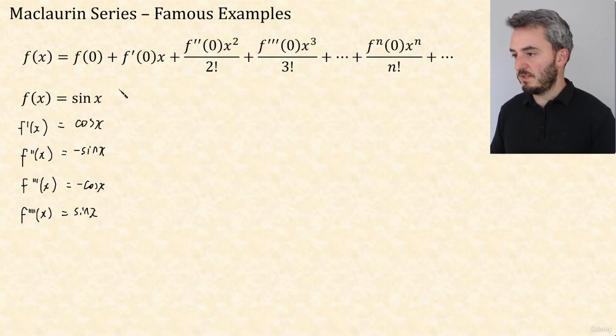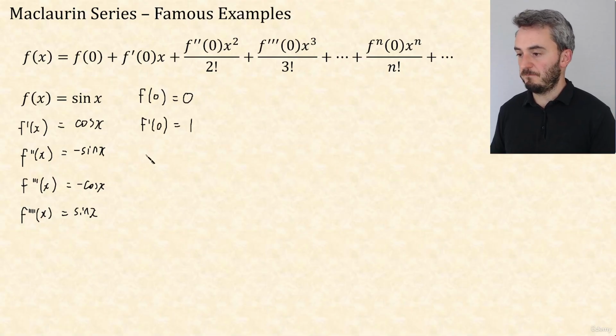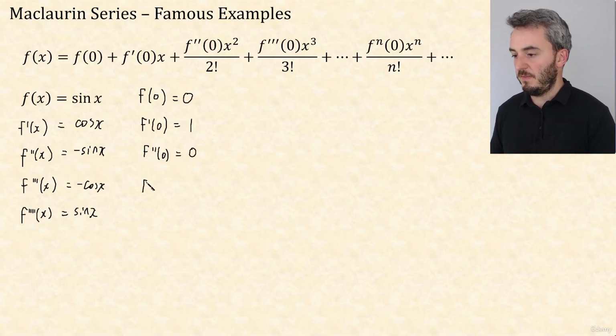So what we can say is that the function at 0 is sine of 0, which is 0. Then the first derivative at 0, cos of 0, is 1. Then minus sine of 0 is 0. And then minus cos of 0 is minus 1.